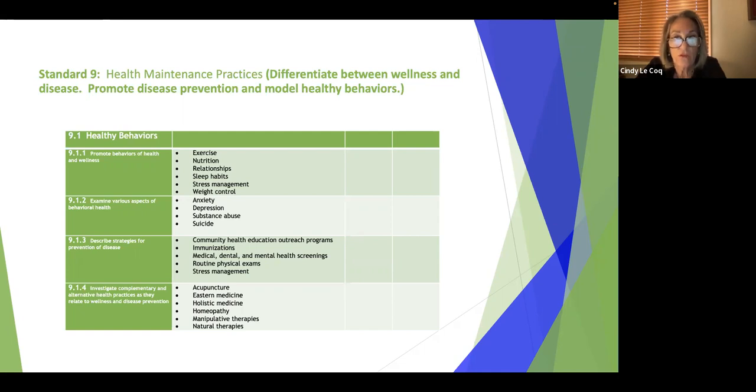Promote behaviors of health and wellness. You see your exercise, your nutrition, your relationships. Examine various aspects of behavioral health. Okay, anxiety, depression, substance abuse, suicide. I mean, some things we don't love talking about, but that are important to teenagers and to young adults. So this is the actual standard that you need to teach to.